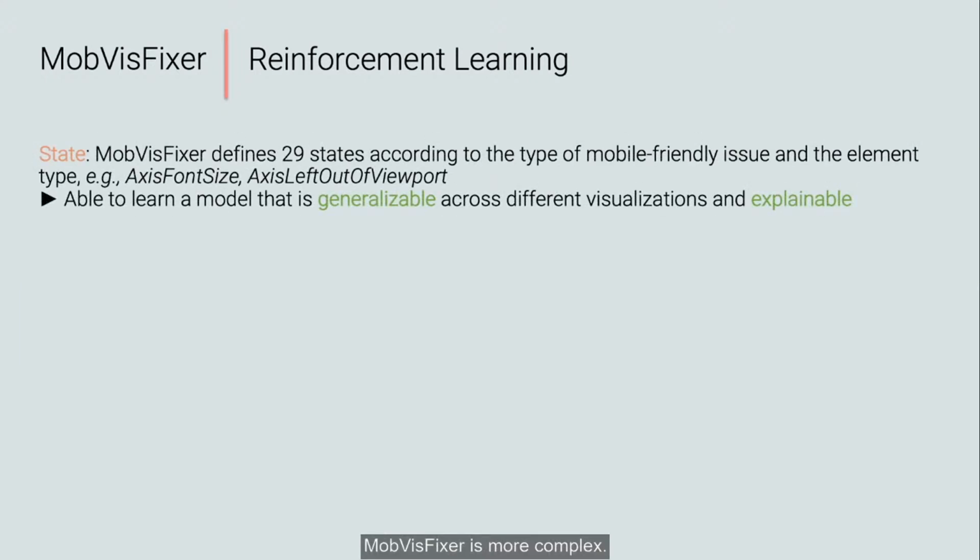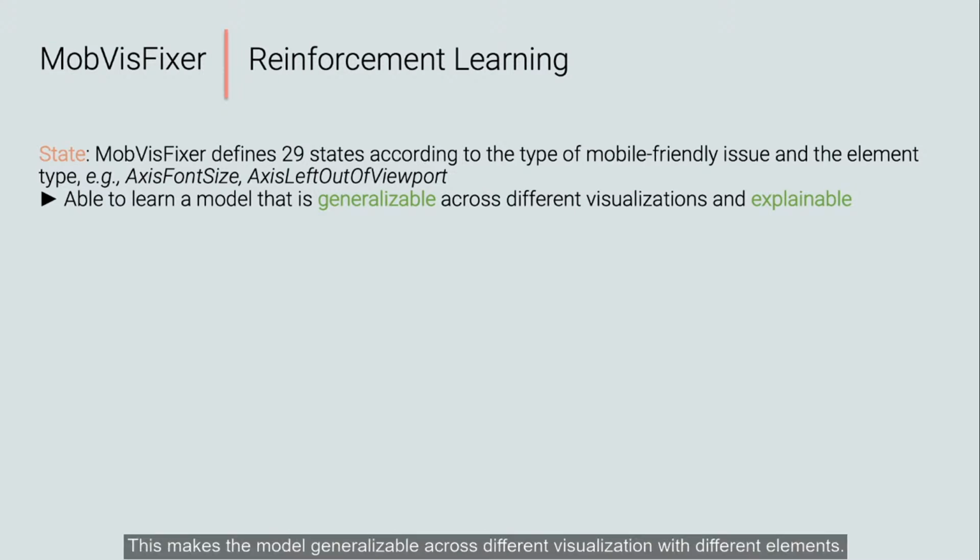MobileVisFixer is more complex. It has 29 states which are defined on the type of the mobile-friendly issue and the element type. For instance, X is font size. This makes the model generalizable across different visualizations with different elements.